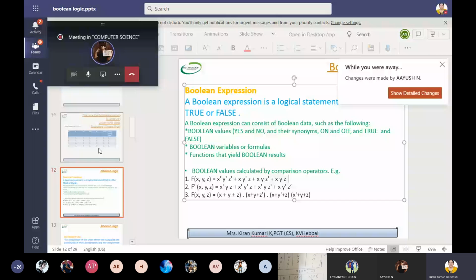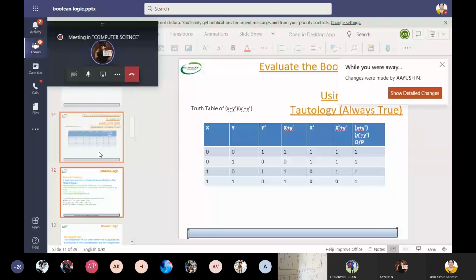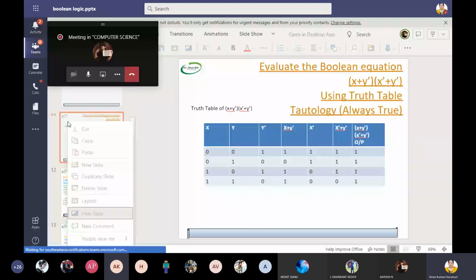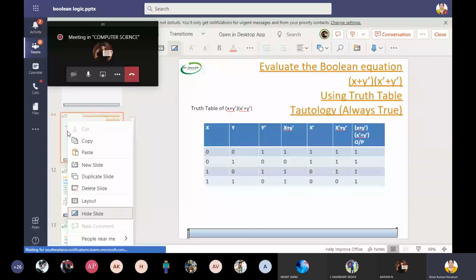So always true को क्या बोलते हैं? The expression which evaluates to always one, whatever may be the input, whatever the combination, what do you call that expression? True. Which is always false? Zero. Fallacy. Output is 0.